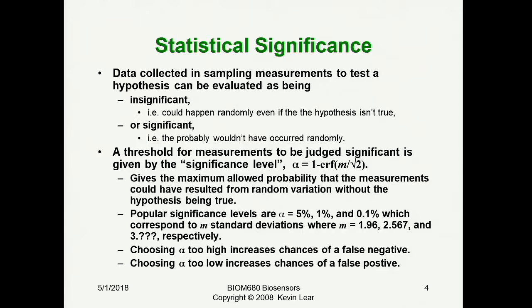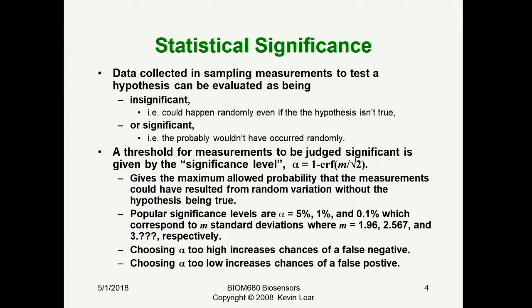And we can basically set up, using that Gaussian definition, a significance level in which we judge something to be significant, and that goes according to that formula there. So typical popular levels for the probability of something being significant go by these numbers here. One of them is there is only a 5% chance that this is random data, okay?